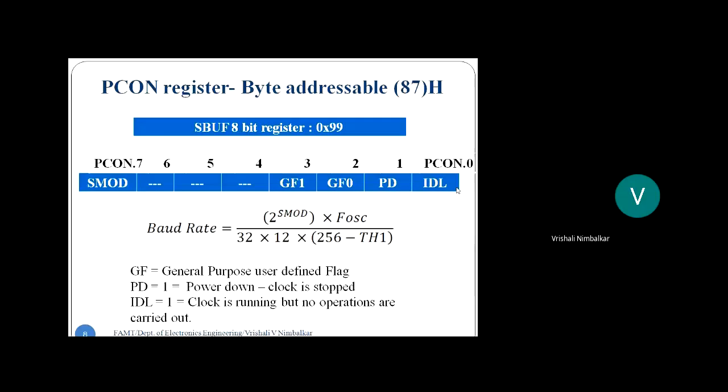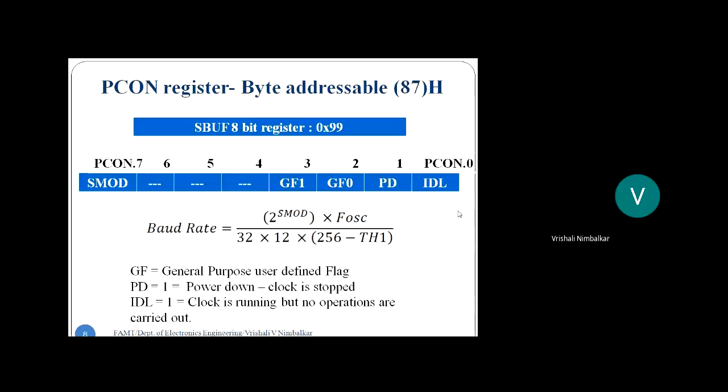Whereas in case of idle mode, how do we come out of idle mode? With the help of an interrupt. On arrival of any interrupt, the microcontroller comes out of idle mode and starts functioning from where it had stopped. And there is another way also, by resetting the microcontroller. But when you reset the microcontroller, the special function registers are going to change.